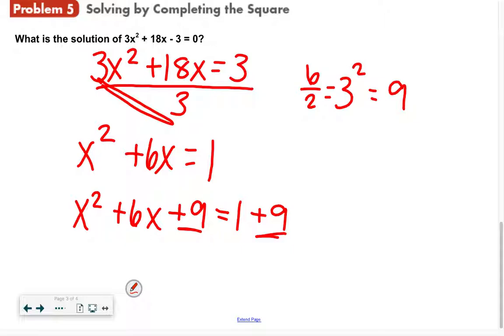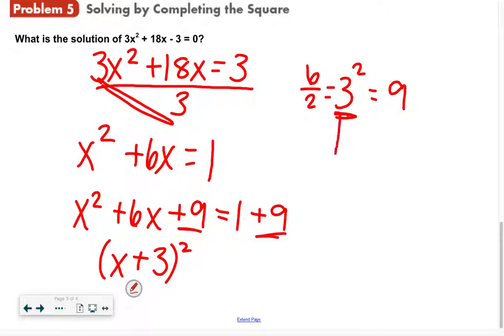Kinda, sorta. Okay, then just like Thursday, I'm gonna simplify my left-hand side. Now remember, I said that this number before you square it is what goes in our parentheses. Just looking at this, I know my parentheses is x plus 3 squared, because if I FOILed this out, I get my left-hand side.